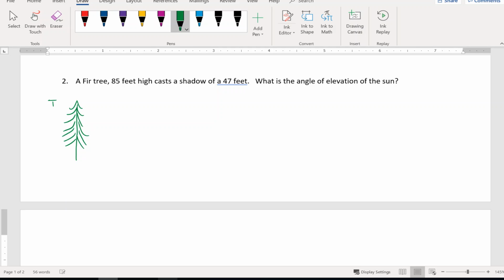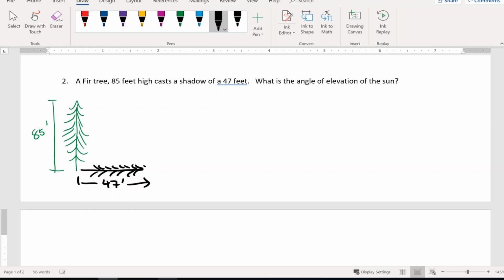And we know that the height of this tree is 85 feet. Now we also know that it casts a shadow of 47 feet. So here is our shadow. And we know that this is 47 feet here.